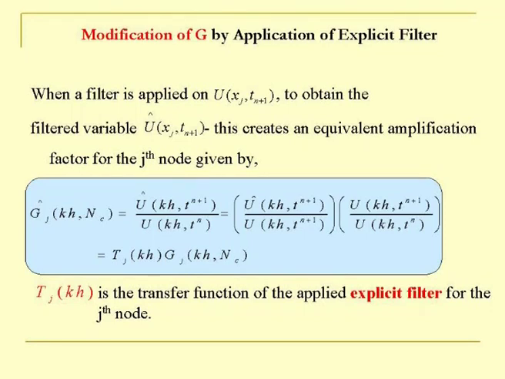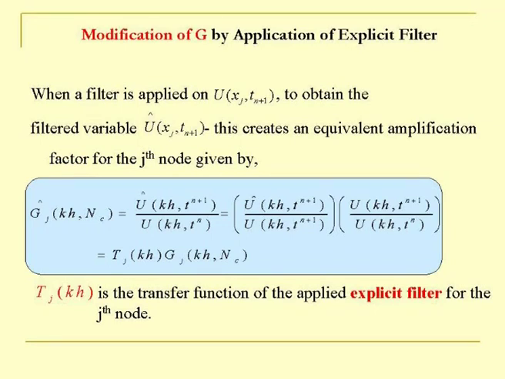That is one of the ideas. So basically, if you have a solution obtained at an advanced time level, you want to filter it, indicated by this capped quantity. Then we will define the amplification factor at the end of numerical integration and filtering as what you obtain after filtering, divided by the solution that you had before time integration.